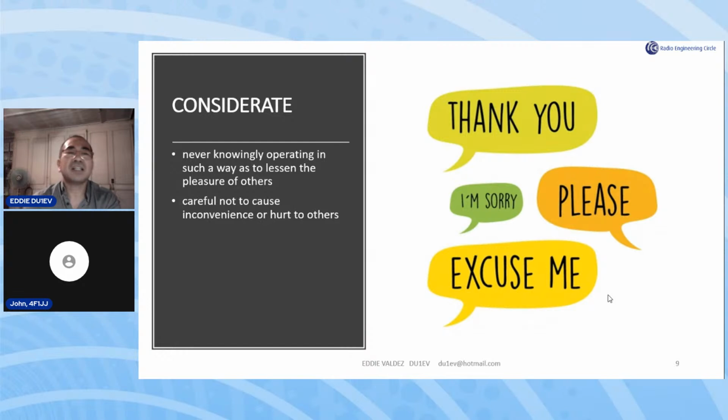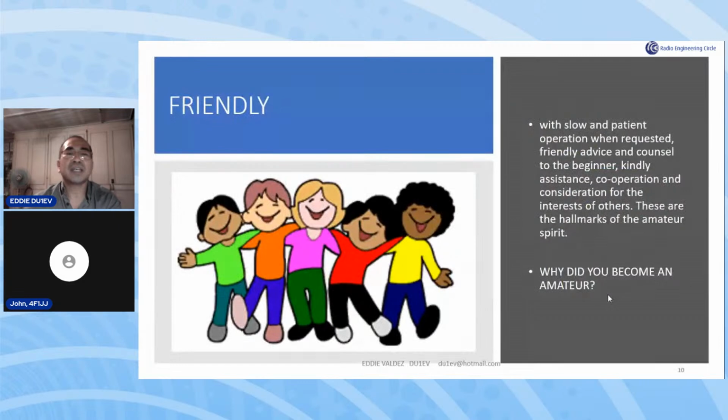Okay, please be ethical. If we do those bad practices, our hobby will not be sustainable. Diba? Mawawala ng gana yung ibang mga tao pagka may mga nanggugulo sa ere.